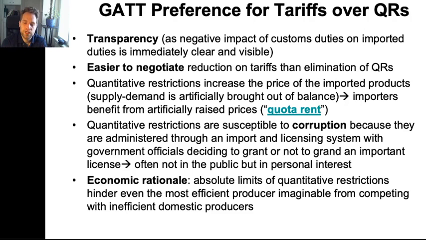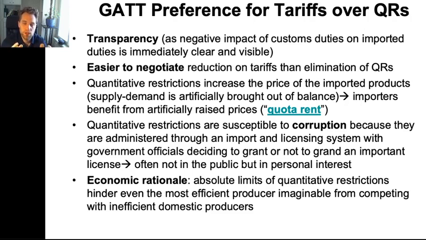QRs, they increase the price of the imported products. Why? Because if you have a maximum number of products that may enter your market, these products are artificially made more expensive. Why? Because there is shortage of these products. Because if there is a demand for 10,000 cars and only 1,000 cars are allowed to enter a given market, these cars that have entered the market will be more expensive because they are more rare.